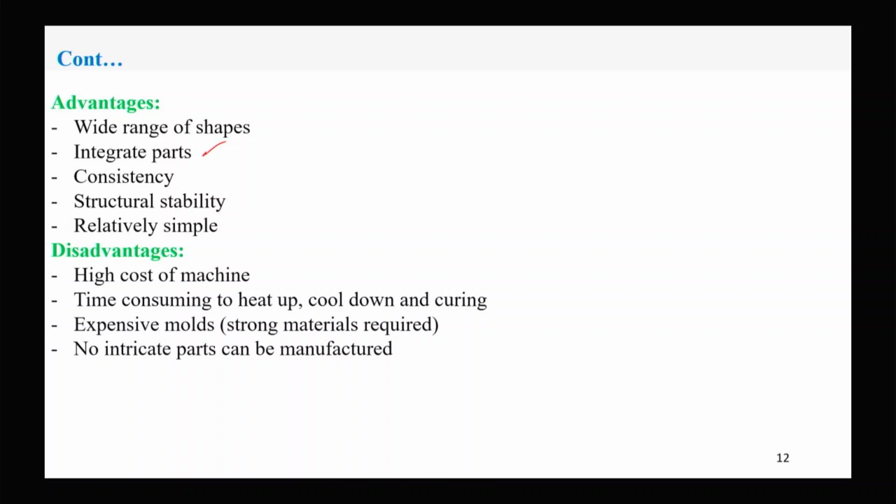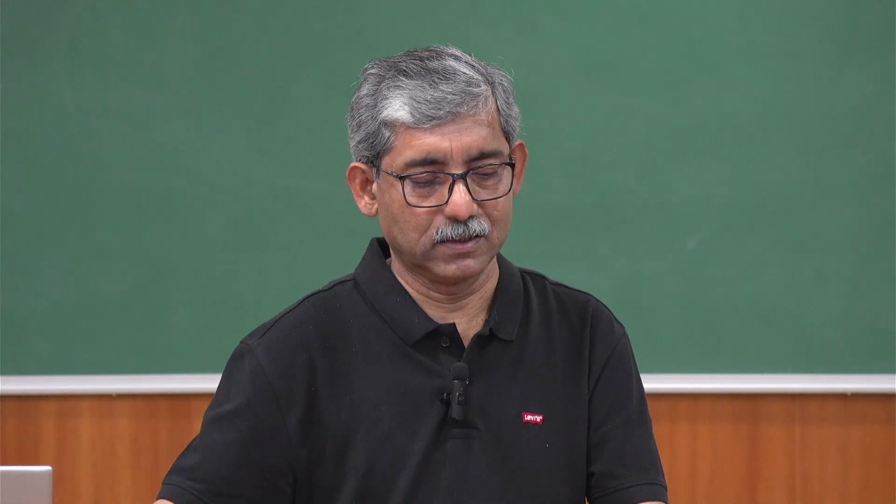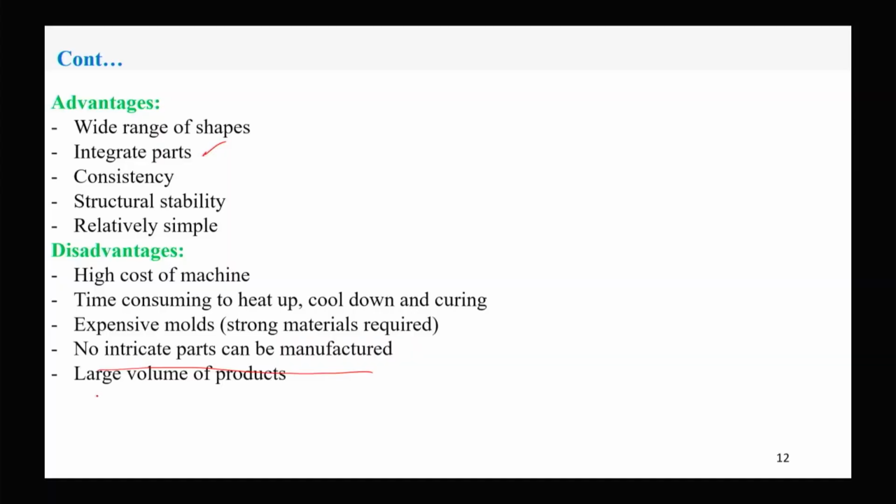So no intricate parts can be manufactured. Here, intricate parts cannot be manufactured if you want a complex shape, because two molds are required. It suits a large volume of products.